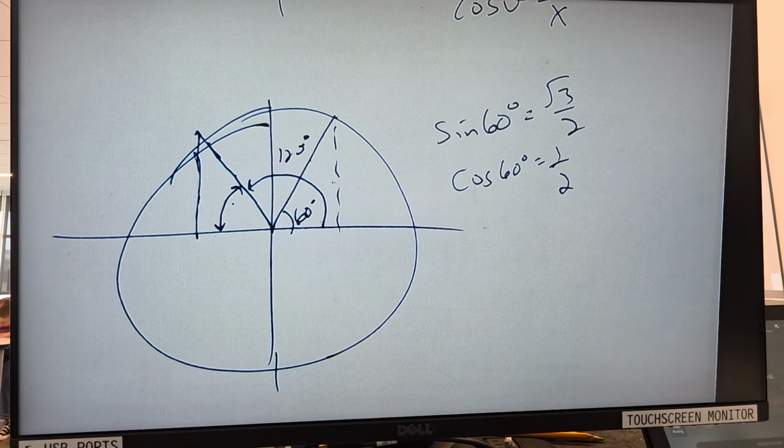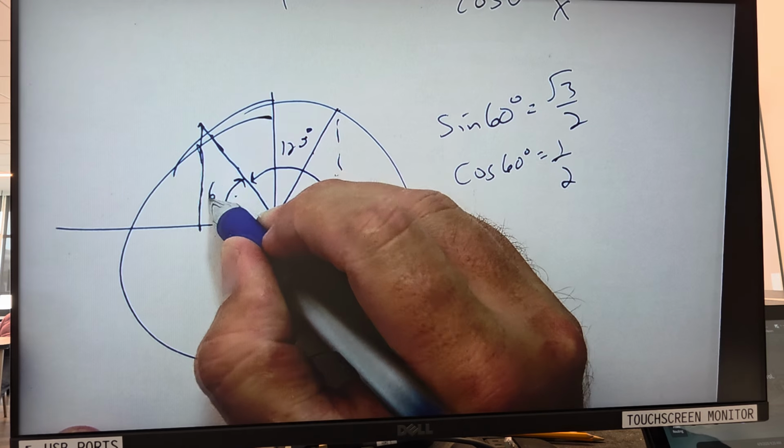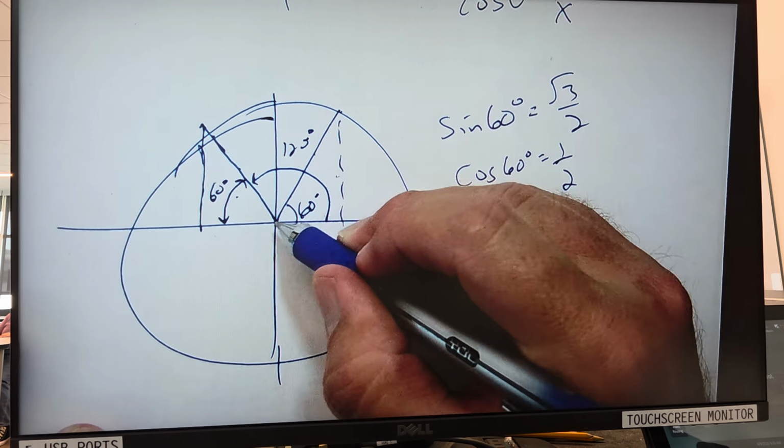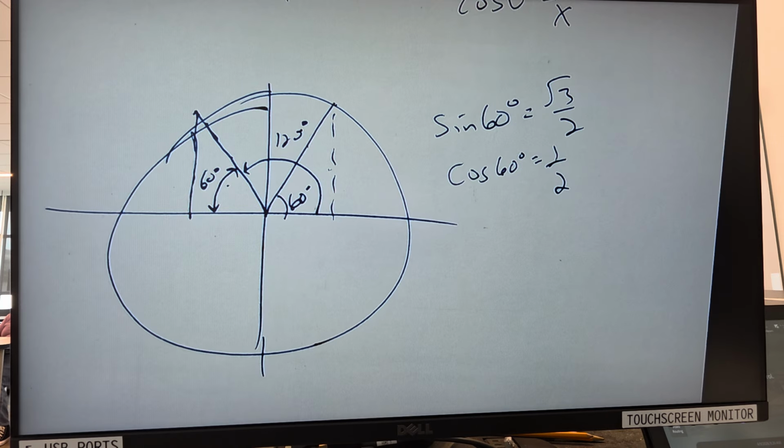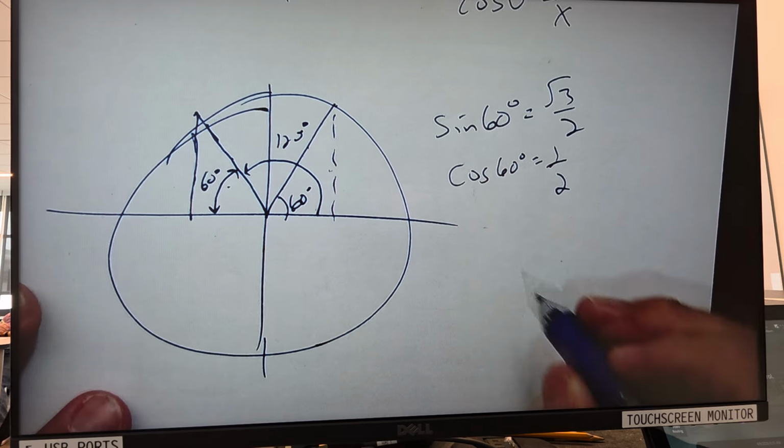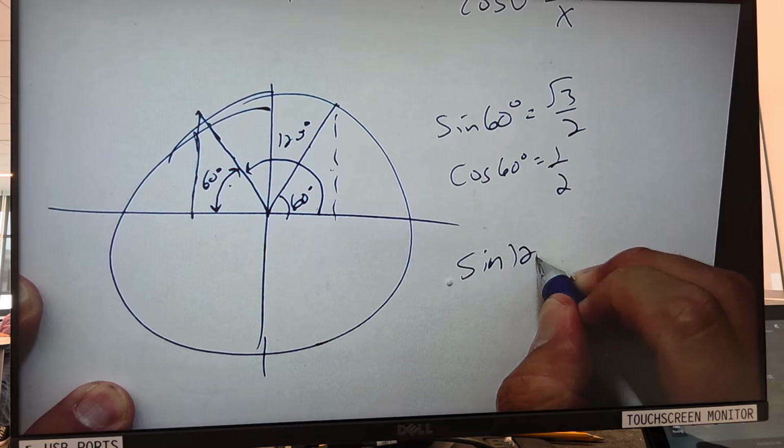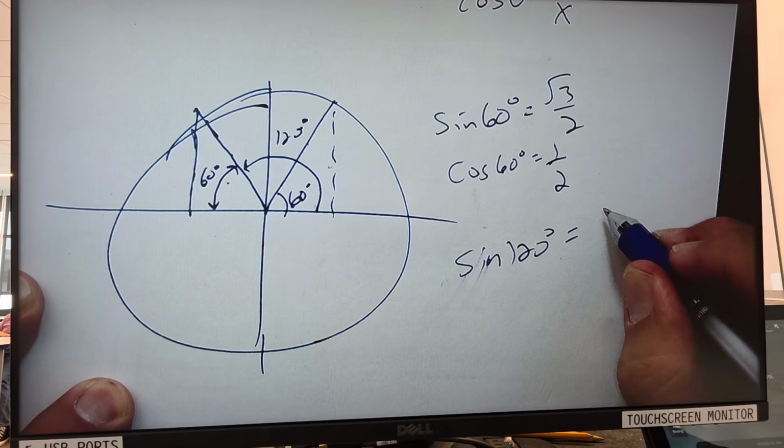How short am I from 180 if I stop at 120? 60 degrees away. Do you see how this triangle is the same as this triangle? They are both 30, 60, 90 triangles with a hypotenuse of 1. So what should sine of 120 be? Square root of 3 over 2.